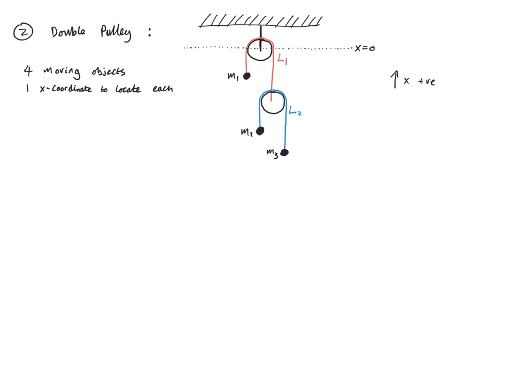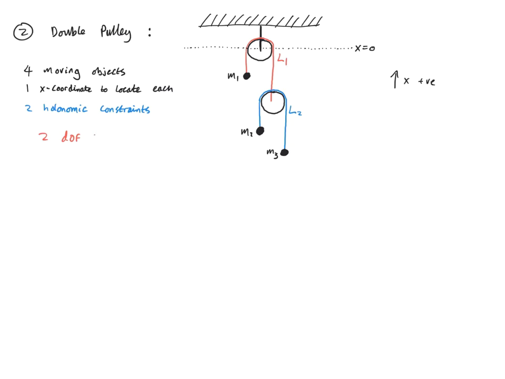However, that's not the end of the story, because we also have 2 holonomic constraints in the system, namely the lengths of the rope. This rope is of a fixed length L1, and this blue rope here is of a fixed length L2. As we'll see, this corresponds to having 2 holonomic constraints, and therefore we have 4 coordinates minus 2 constraints gives us 2 degrees of freedom, and therefore we will be able to choose 2 generalized coordinates to describe the physics.